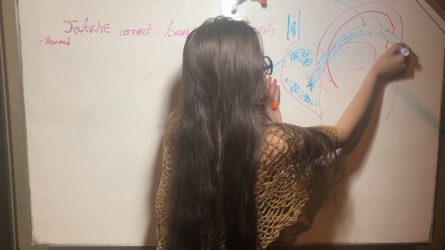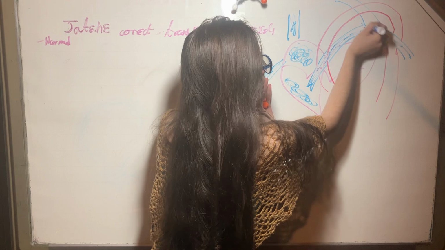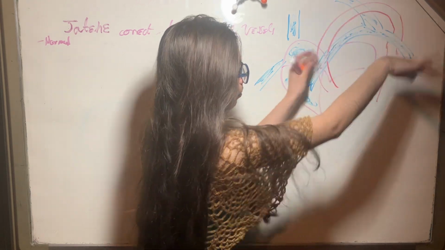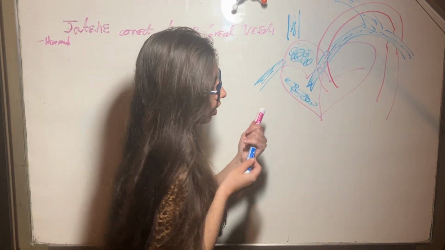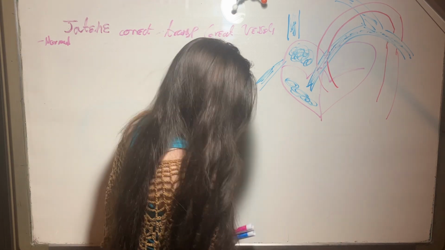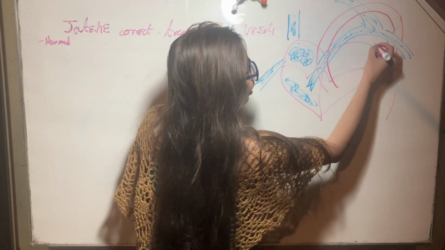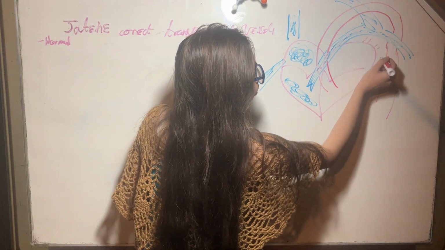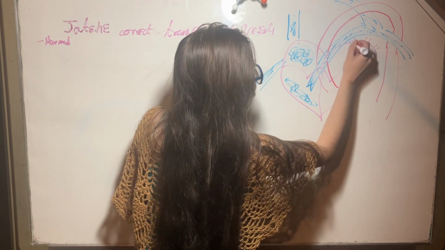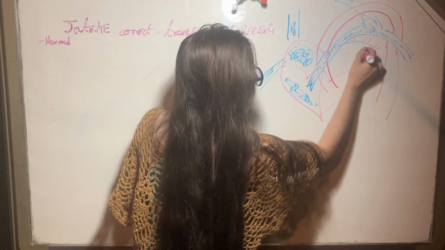Then this blood goes to the lungs, and in the lungs the blood gets oxygenated. Then that blood returns to the left atrium via the pulmonary veins. This is oxygenated blood.